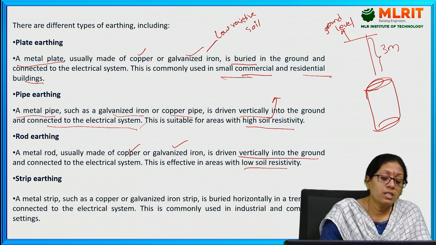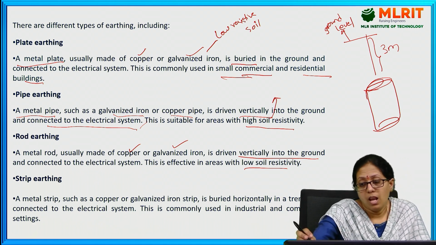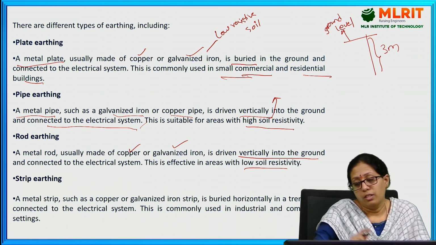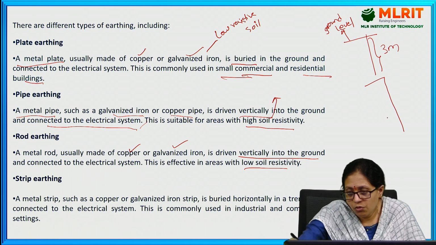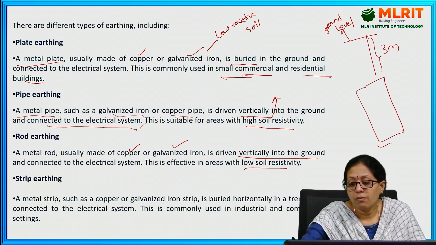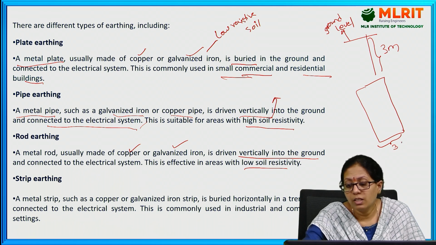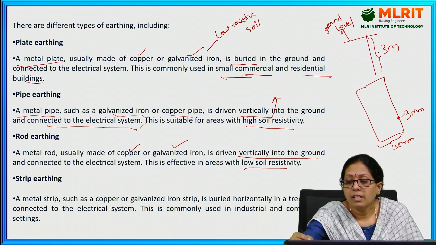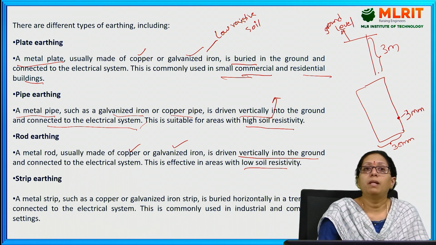The last one is strip earthing. Instead of a rod, now we will be using a strip. The strip will be around 38 mm in width and around 3 mm in thickness, and placed around 3 meters below.